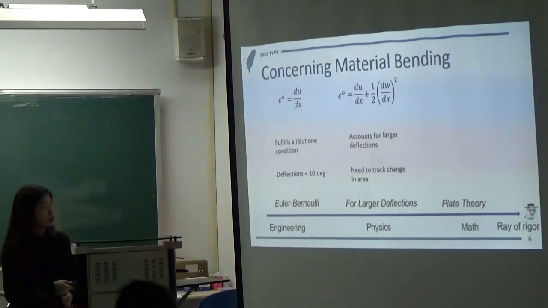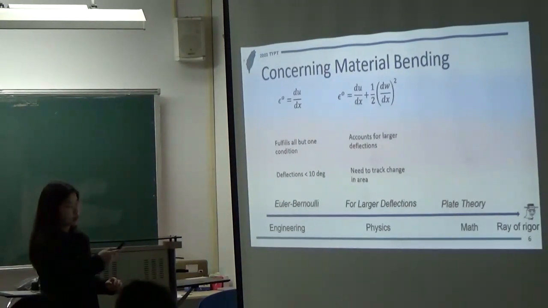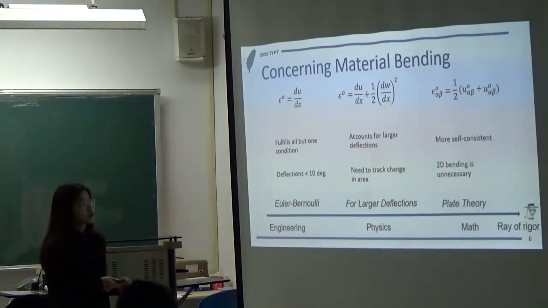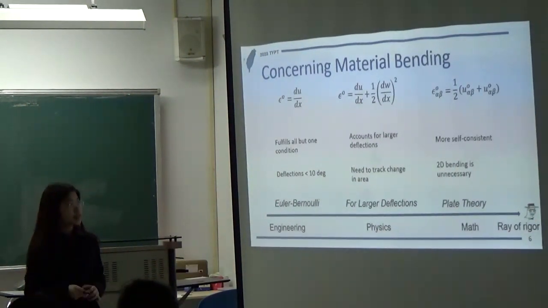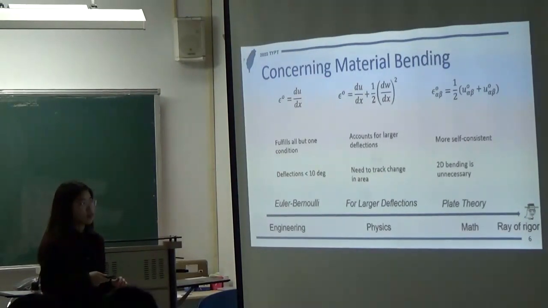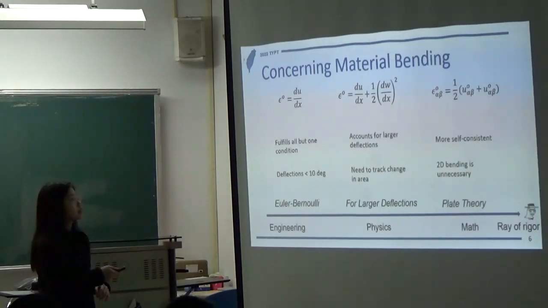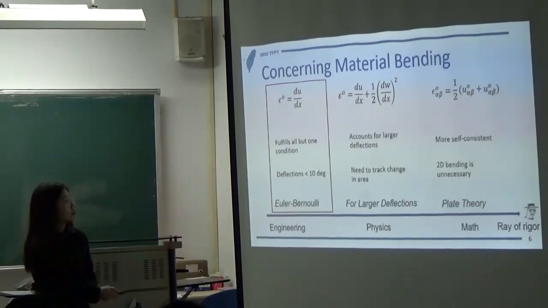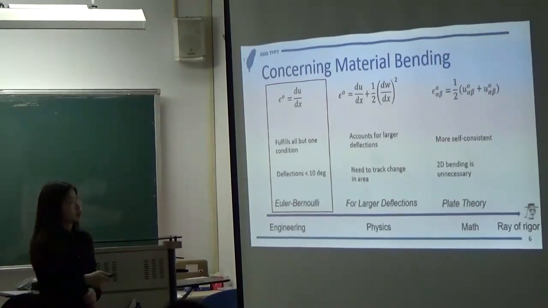For larger deflections, we need to account for the change in area, so that is not very possible. Plate theory is more self-consistent and more rigorous, and it involves 2D bending, which is unnecessary. Therefore, we use Euler-Bernoulli because it fulfills all but one condition.